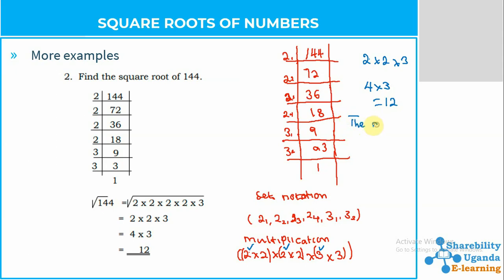We are saying the answer we got is going to be the square root. So our square root is going to be 12. You can see that I have been able to use this ladder method to derive our square root.